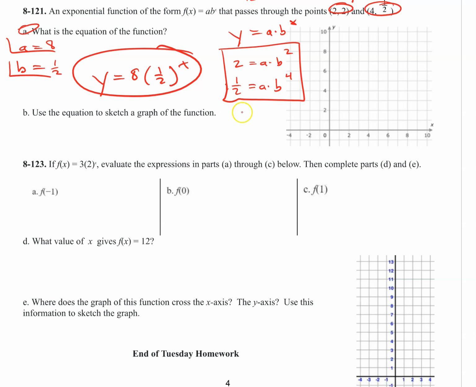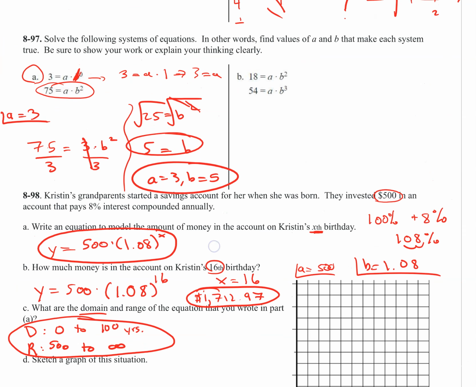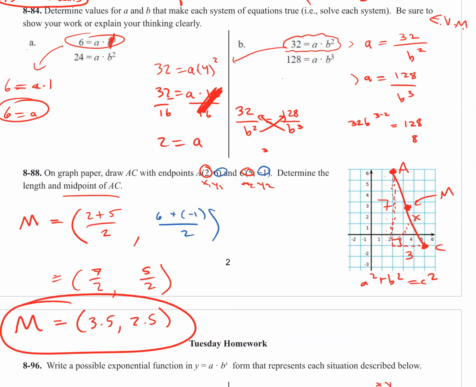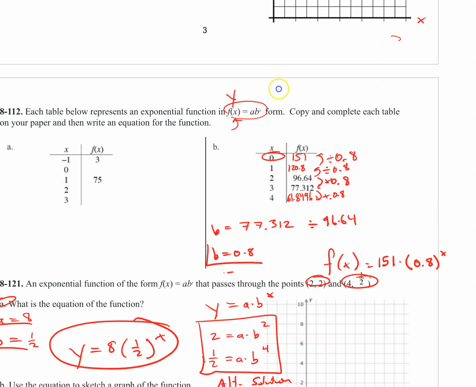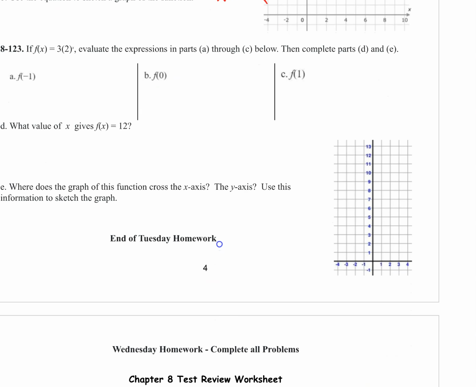This is the alternate solution. You use the same method as in 8-97 or 8-84. I'm not going to do it that way because that's unnecessarily hard. This is the easy way. Don't work harder than you have to.